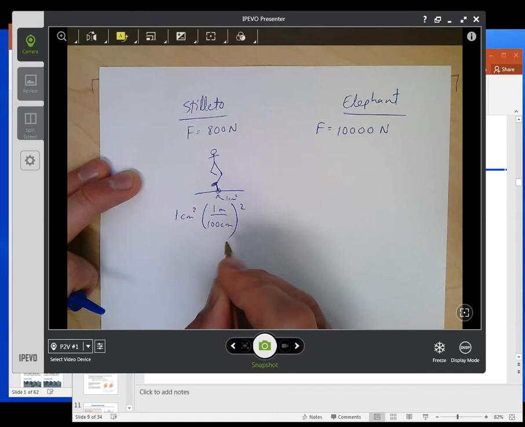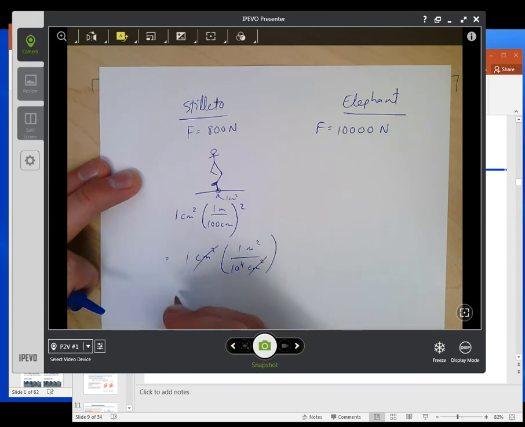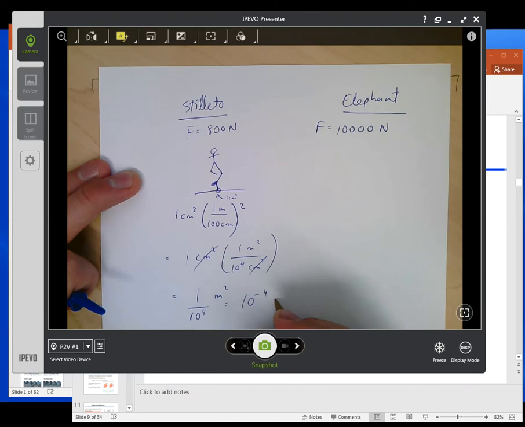If I square that, it's going to be 1 centimeter squared times 1 meter squared divided by 100 squared, which is 100 times 100, or 10 to the 4 centimeters squared. So the centimeter squared cancels out, and I'm left with 1 meters squared divided by 10 to the 4. In other words, I have 10 to the minus 4 meters squared as my area.